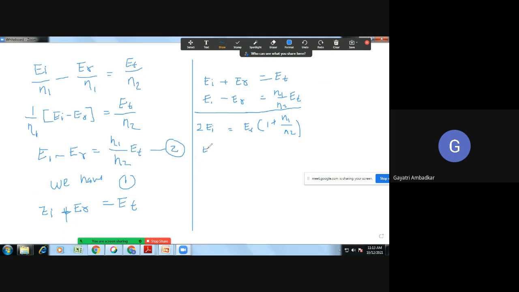Therefore Et is equal to 2 Ei into eta 2 upon eta 1 plus eta 2, so it becomes Et equal to 2 eta 2 upon eta 1 plus eta 2 times Ei.